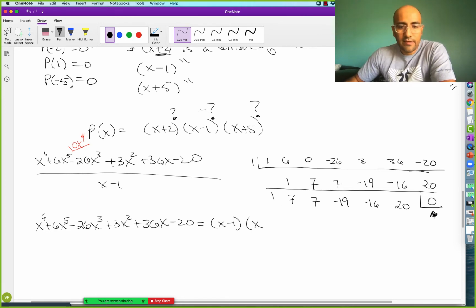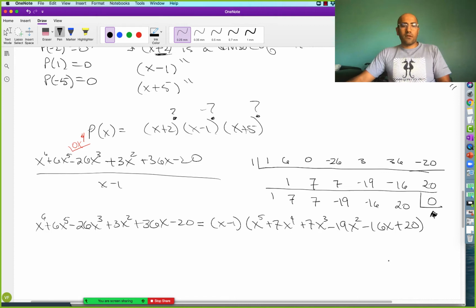So it's going to be x to the 5th power plus 7x to the 4th power plus 7x to the 3rd power minus 19x squared minus 16x plus 20. Is that okay? Any questions about this?